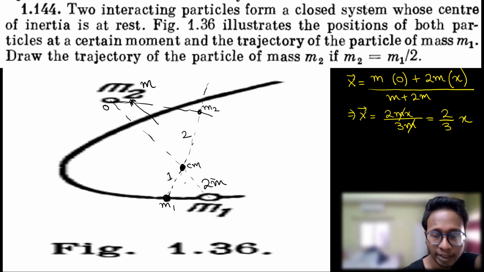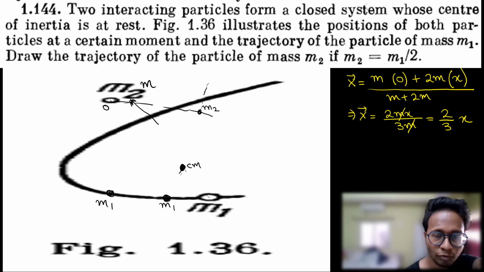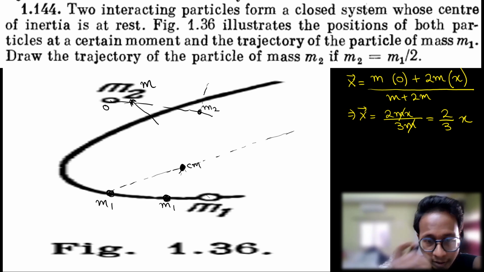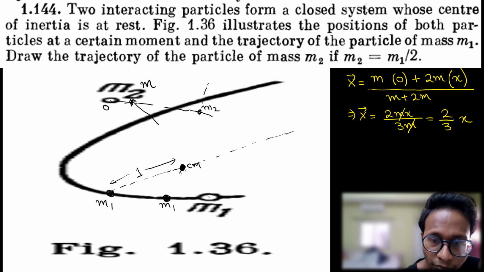Similarly, for the third position, let's erase this one. So when M1 moved out here, let me draw a straight line. The ratio of this distance 1 is to 2.